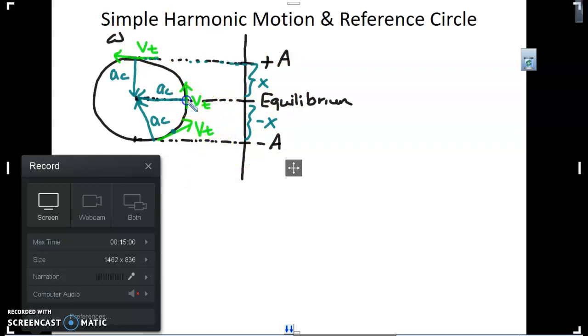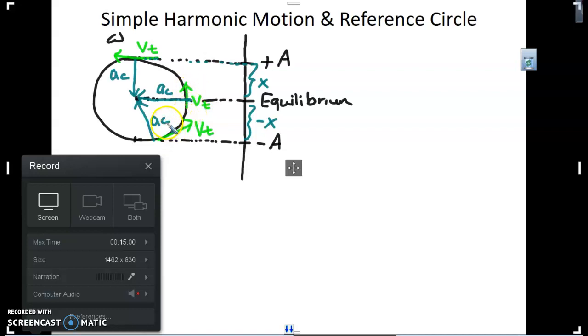As you get right here, it's like you're at equilibrium, and x is 0. Displacement is 0. So you can see it does change on the screen, and it changes and changes until you're here where x is at a maximum. When x is at its maximum, our velocity is 0. But when x is 0, our displacement is 0, our velocity is at a maximum.